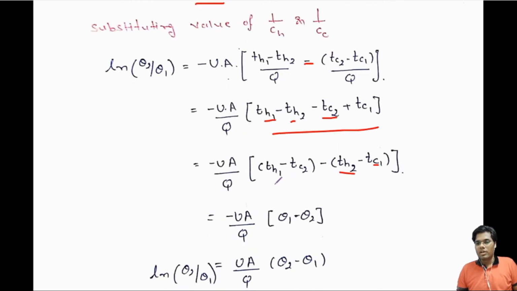From the figure we can say that Th1 minus Tc2, the inlet temperature of hot fluid minus the outlet temperature of cold fluid, is written as θ1, and Th2, the outlet temperature of hot fluid, minus Tc1, the inlet temperature of cold fluid, is written as θ2.